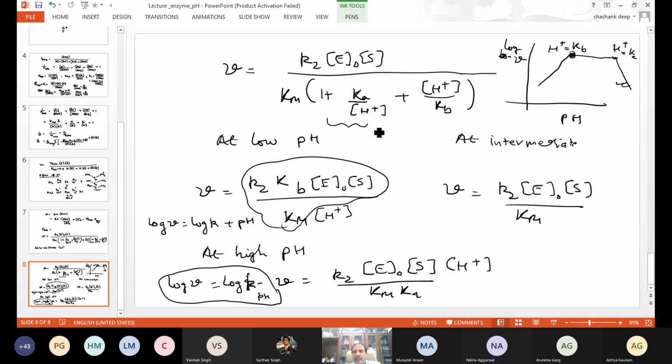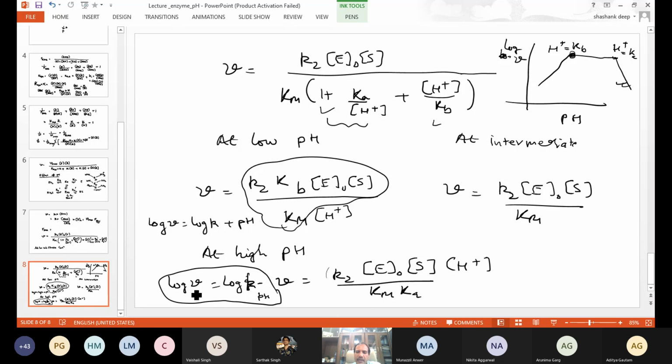Now at high pH, what will happen? At high pH, H plus concentration is low. It means you can neglect this term and this term. So H plus will come up, and then what we will get is V equal to K2 E naught into S, this H plus comes up, into Km into K. And this is another constant here.